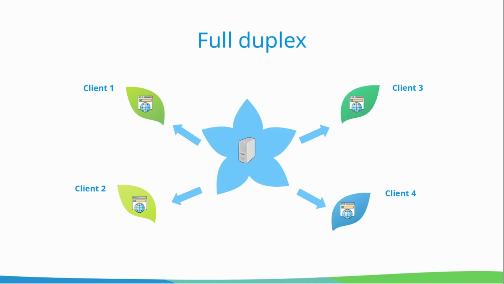This process will go on until one of us drops off. For example, if client 3, my friend, closes the tab or just closes the browser, then the connection will drop off. Until then, we are going to have a continuous connection. That is what full duplex means.